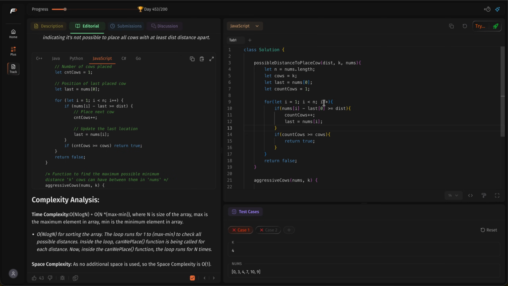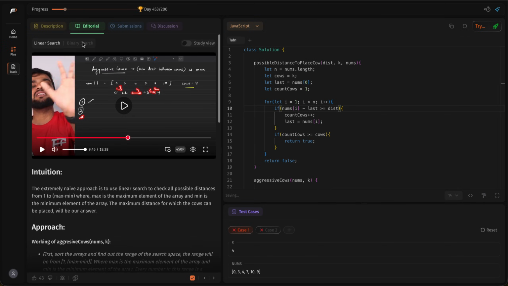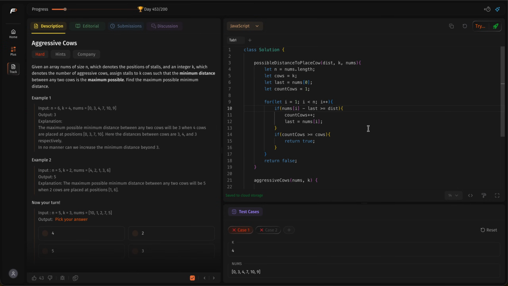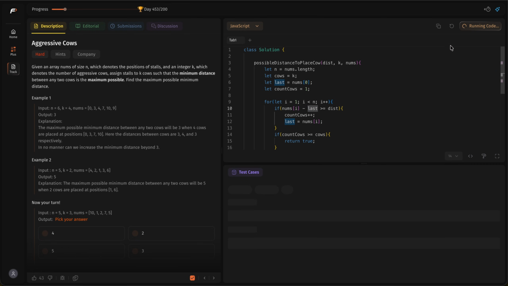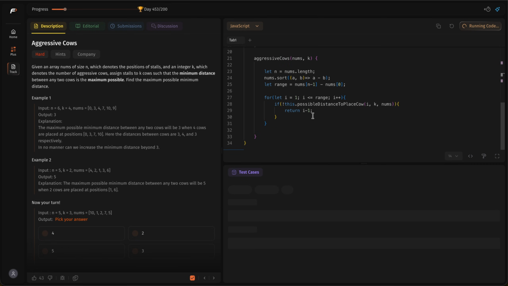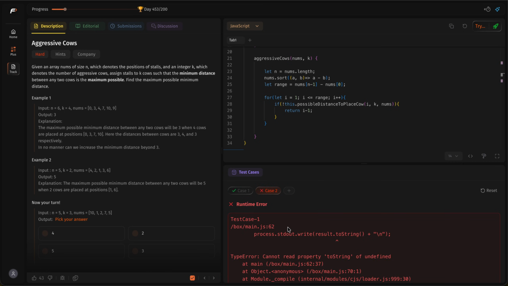What am I doing here? I have to subtract the last one. Let's try. Yeah, this is the case. If it is not possible, return limit.